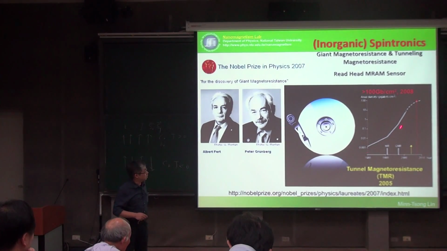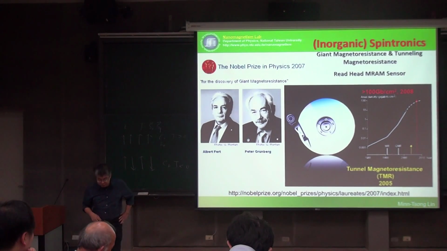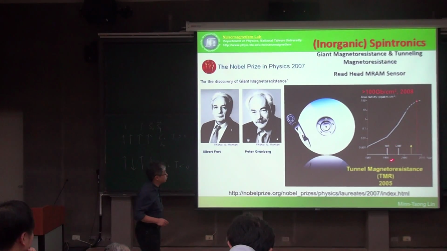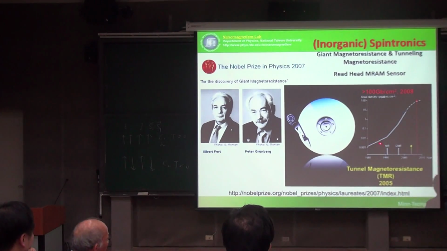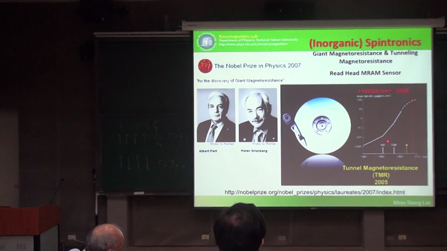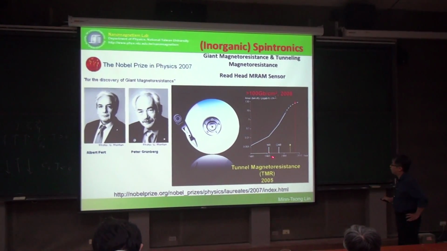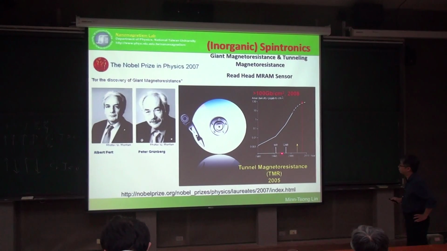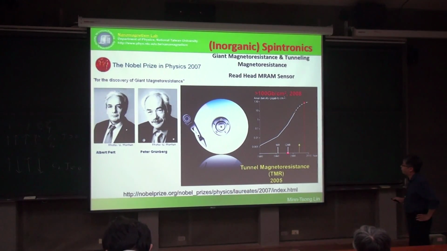If you look at the impact of this fundamental finding on applications, you can find, in 1990, here is still the old type of magnetoresistance head. And in 1998, they found the GMR material, and you can see the GMR has been applied in a hard disk as a read head.